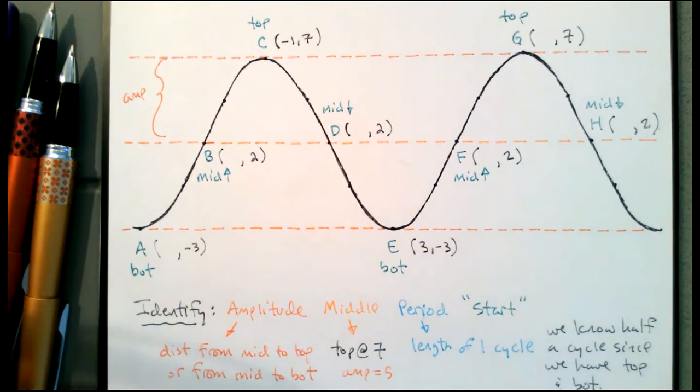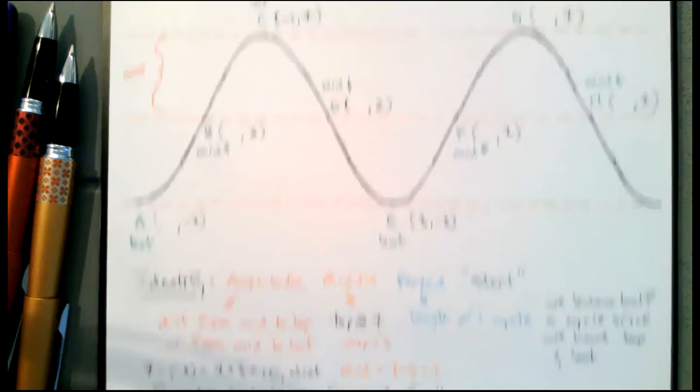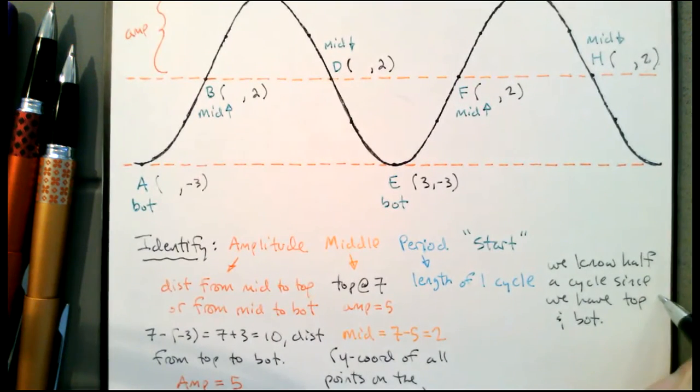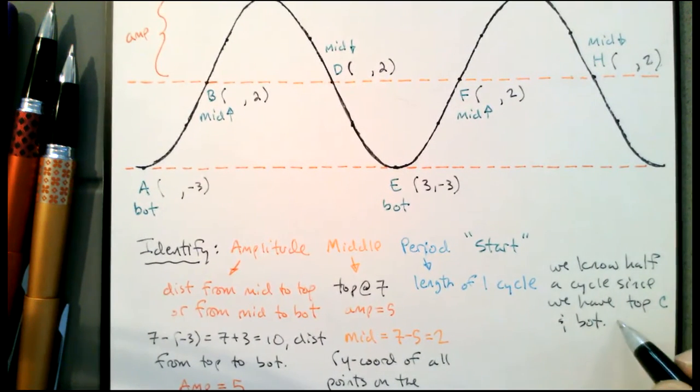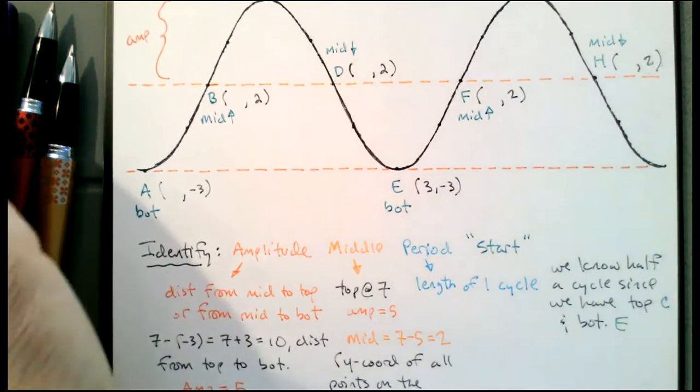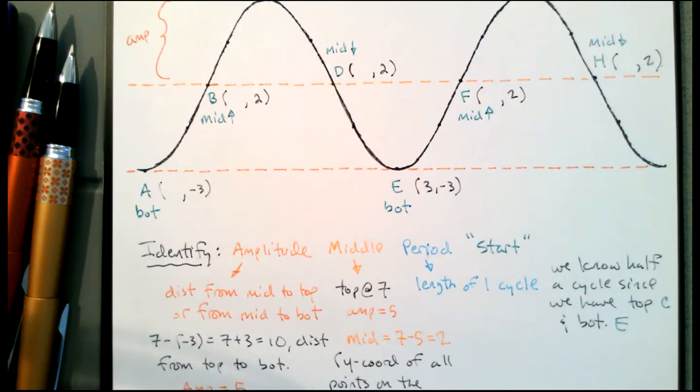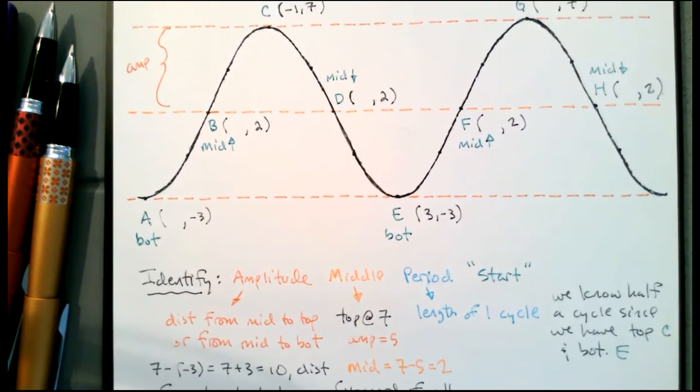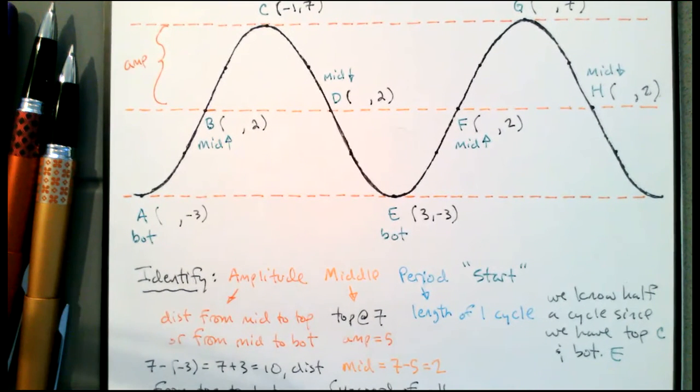So I know what's going on at the top at that point C, and the bottom E. So the difference in the x's, I really made this graph way too big. The difference in the x's, so from -1 to 3, that's going to be half of a cycle. That's going to be half of a period.